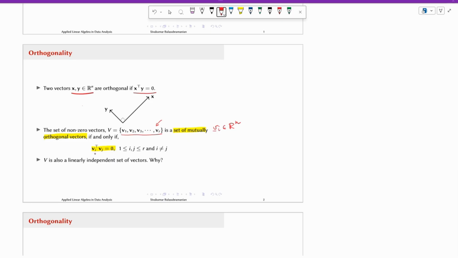If you take the inner product of any two vectors that are not equal to each other, and you get 0, then you say this is a set of mutually orthogonal vectors.